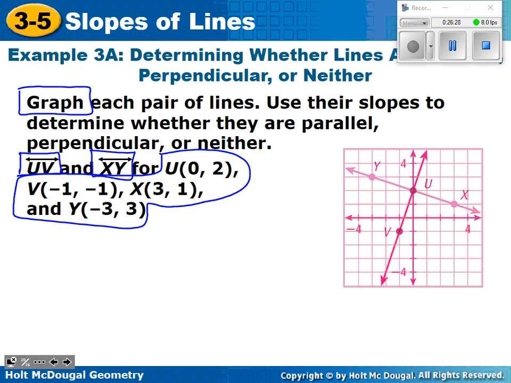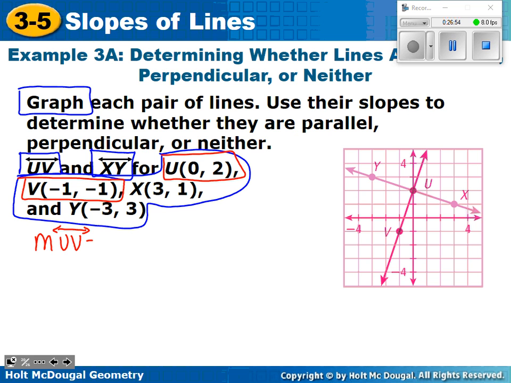Do you guys want to do these by counting rise over run or using the slope formula? You want to do slope formula, not rise over run? Okay, so let's do slope of UV. So we're going to use the point U, and we're going to use the point V. If you prefer to do rise over run, count it on the graph and see if you get the same thing.